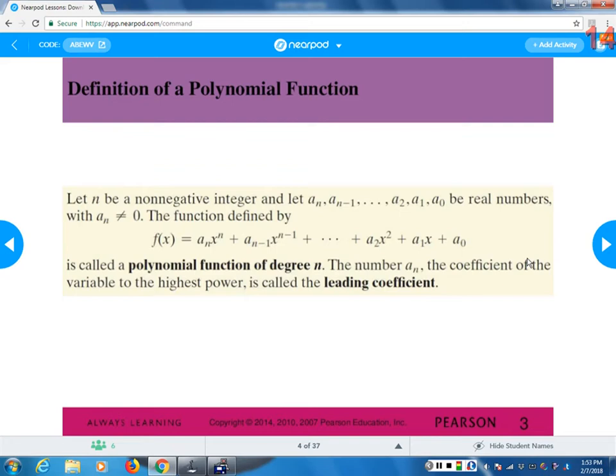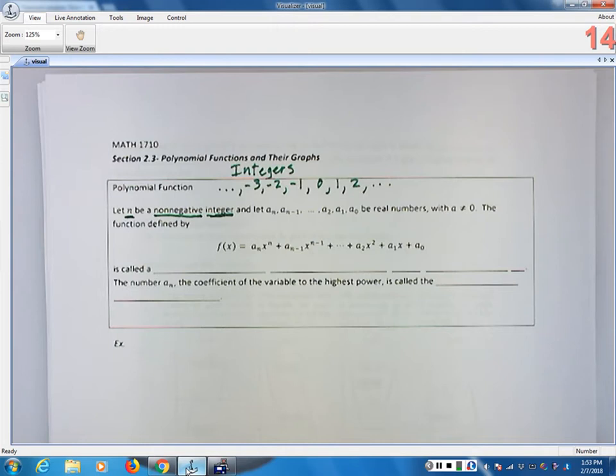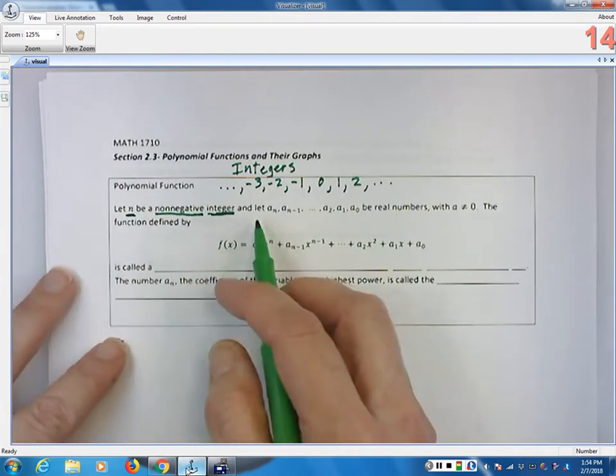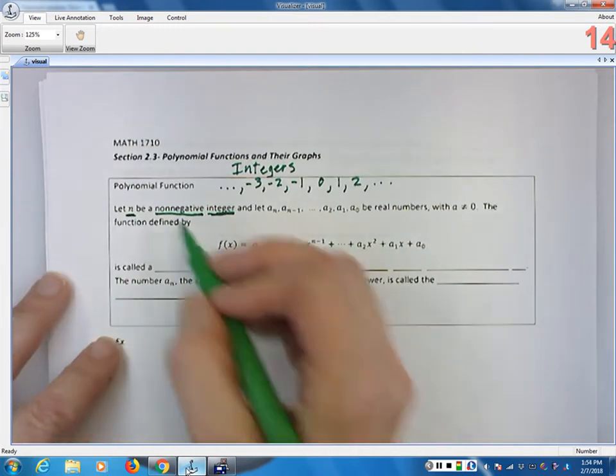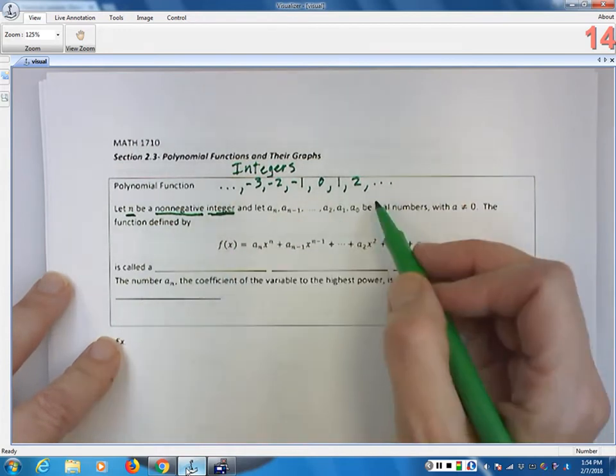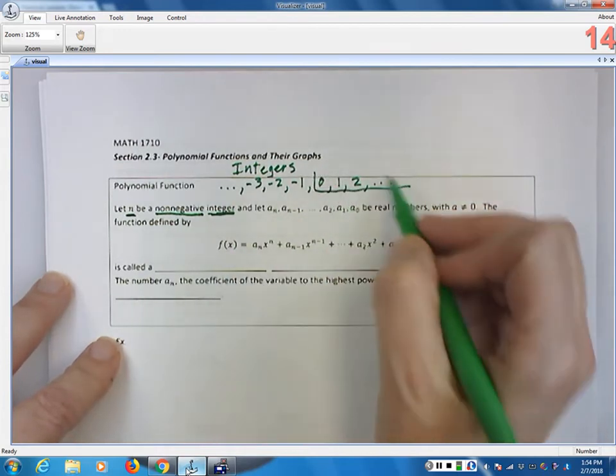These are the integers. You've got to understand this definition. Let n be a non-negative integer. What do we mean by non-negative integer? Well, these are the integers, so n can be any of the non-negative ones.